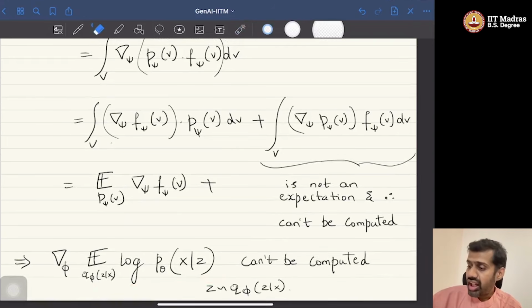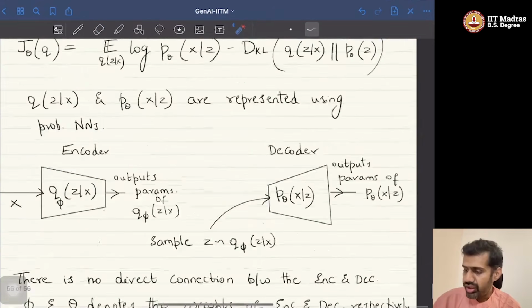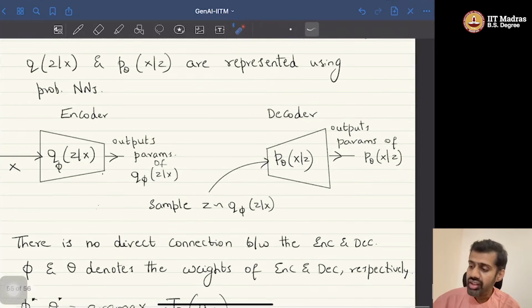The other way to say it is, look at this. If you look at the data flow diagram here, there is a sampling step. x goes through the encoder, so you get some parameters, and then there is sampling. So if you look at the entire thing as one pipeline, there is a neural network, a sampler, and another neural network, p theta of x given z.